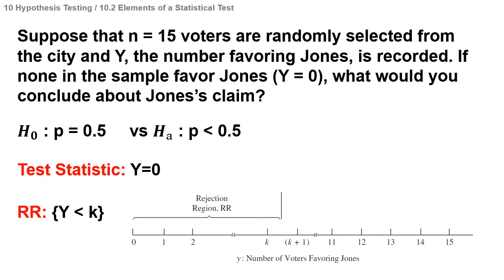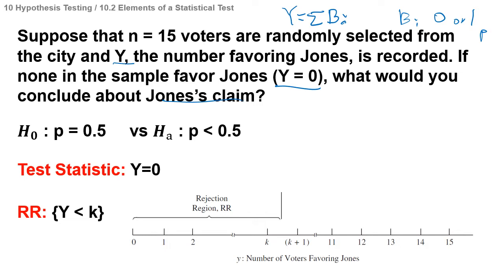Okay, let's move on to a simple example. Suppose that 15 voters are randomly selected from the city, and Y, the number favoring Jones, is recorded. So Y, the number favoring Jones, is actually the sum of Bernoulli trials, where each trial is either 0 or 1 with probability P. If none in the sample favor Jones, if Y is 0, what would you conclude about Jones' claim?